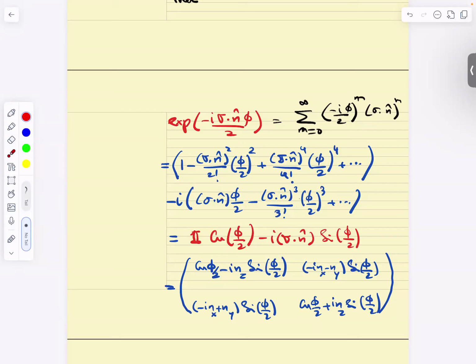So spin half would be a two-dimensional complex vector space. What would be spin 1? 2J plus 1. All right. That's 3.